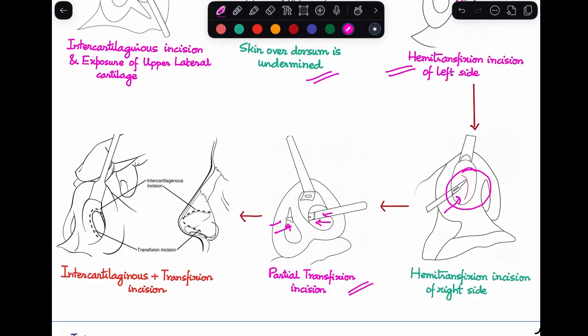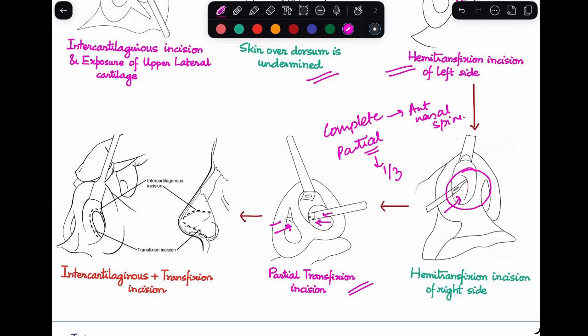Now this transfixion incision in itself, you can either give a complete transfixion incision or you can give a partial transfixion incision. Complete is when you're giving it right down to the anterior nasal spine, whereas partial incision is when you're only giving about till 1/3 of the membranous septum.